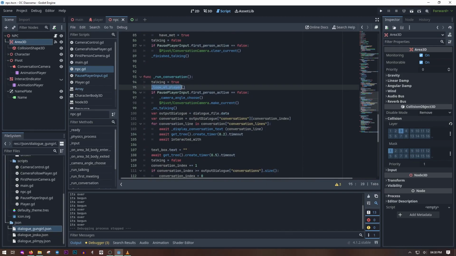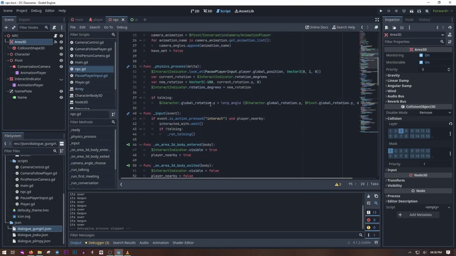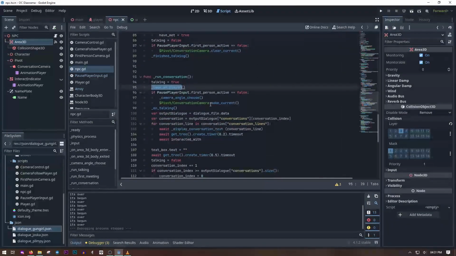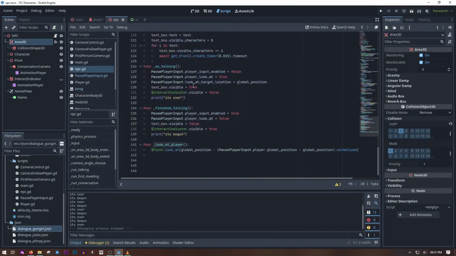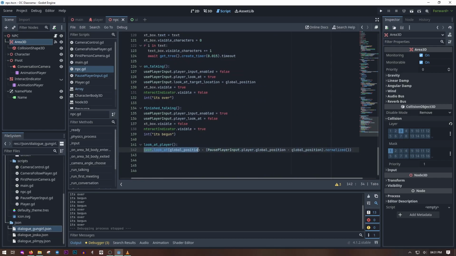Look at the player. That's the thing for making the NPC look at the player, which is... What is that? Oh, that's below. So look at player, let's look at that. Look at player pivot, look at global position, blah, blah, blah, normalized, all that. So player global position minus global position.